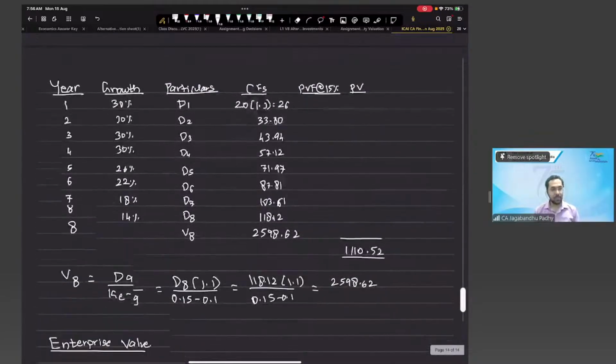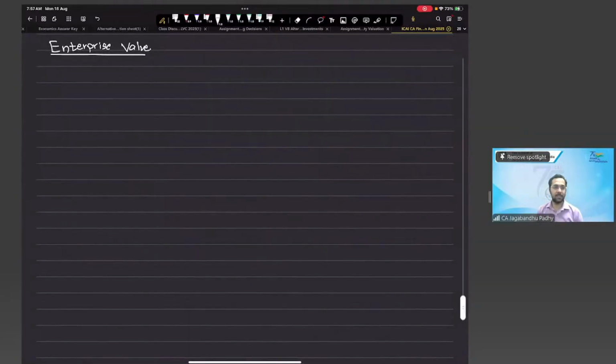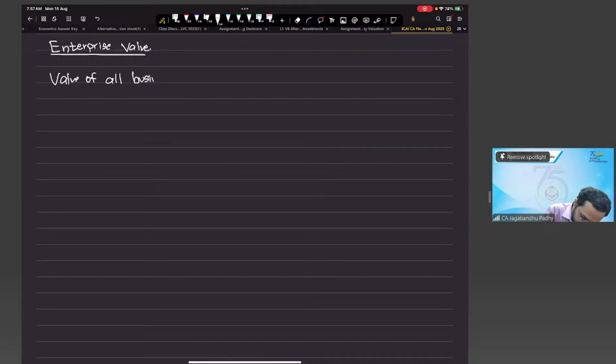Okay, so let's go ahead with the enterprise value, guys. Enterprise value is what we mean by the value of the business, or to put it another way, the value of all businesses of an organization.